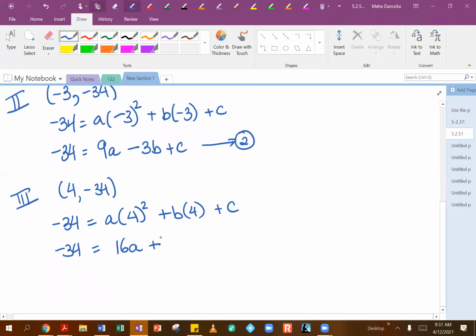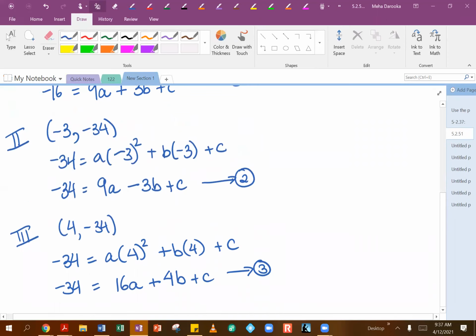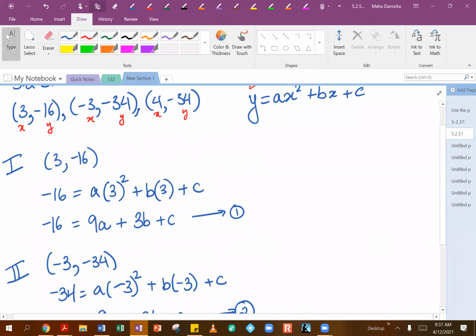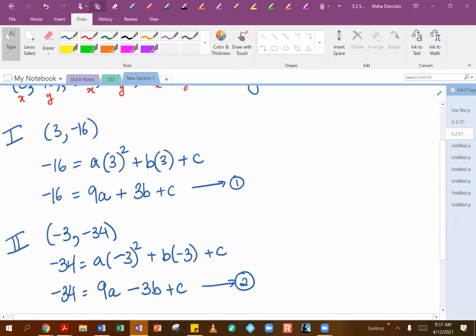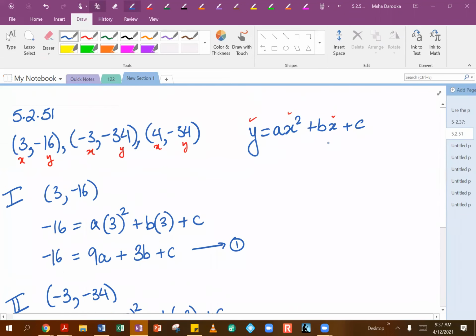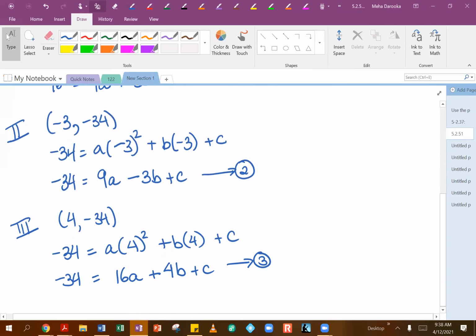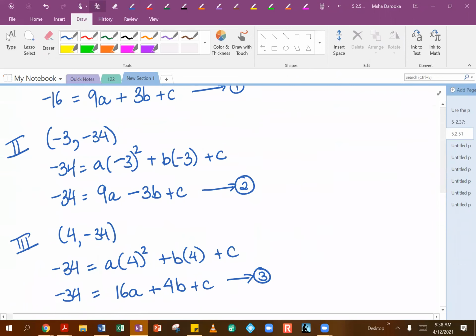So 16a, everything's positive here. So positive 4b plus c becomes our equation 3. So you will see how we are able to come up with our system of equations using these 3 ordered pairs, and just using that general form or the standard form for our quadratic equation or our parabola.